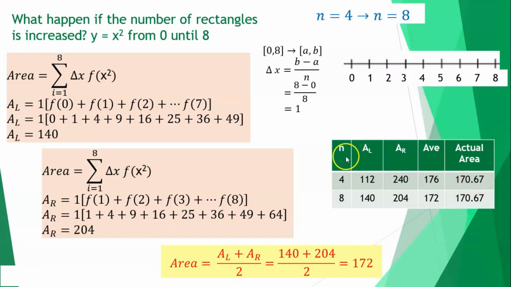If the number of rectangles is increased to 8, the left is 140, the right is lowered to 204, and the average is lowered to 172. So take note of this. As the number of rectangles increases, making use of Riemann sums approximation, its value is getting nearer and nearer to the actual value. So take note of that.